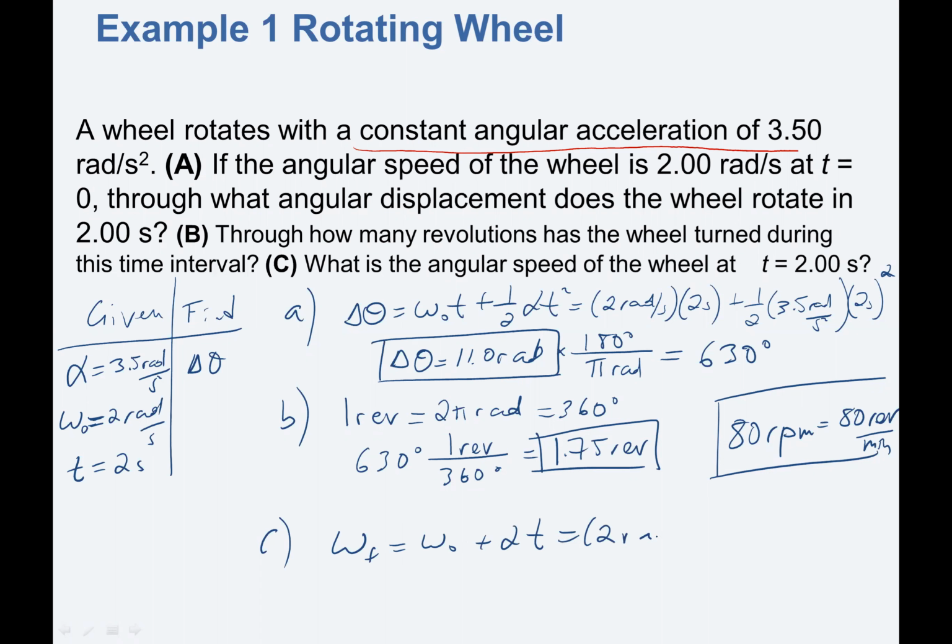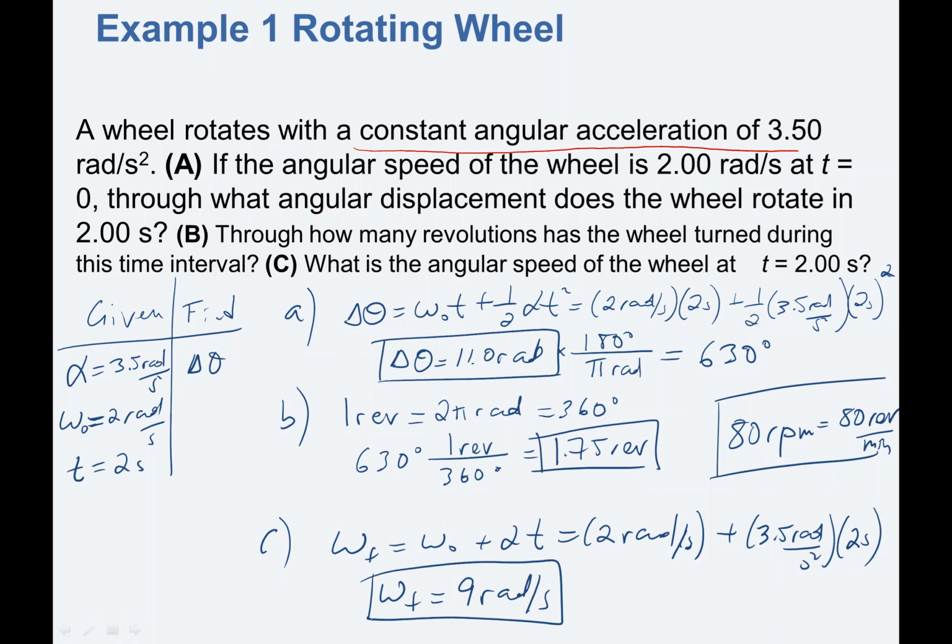So it's 2 radians per second plus 3.5 radians per second squared times 2 seconds. Omega final is 9 radians per second, because this gives you 7 plus 2, which is 9 radians per second.